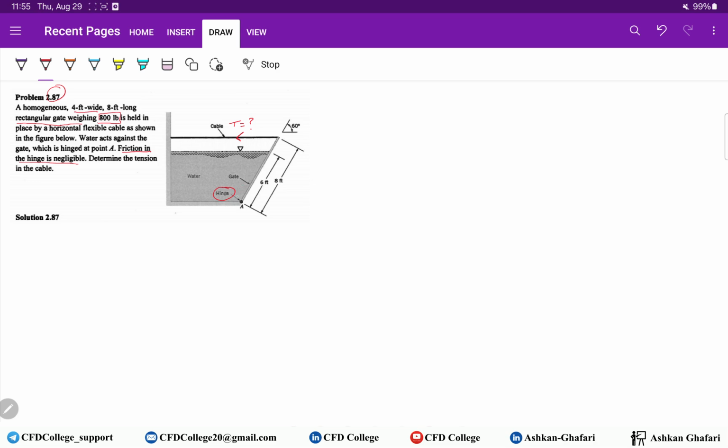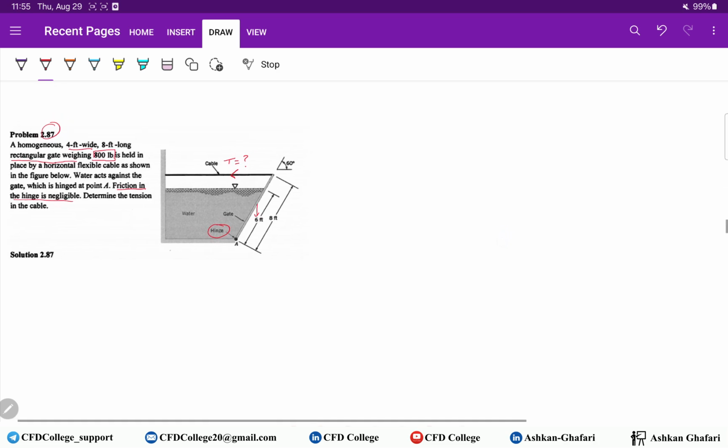In this specific problem we have other forces: one is the gate weight, which in most problems we neglect, and the other is the tension in the cable. Let's talk about this phenomenon, and then I will solve the problem for you.